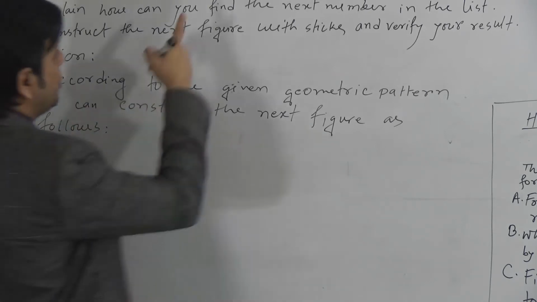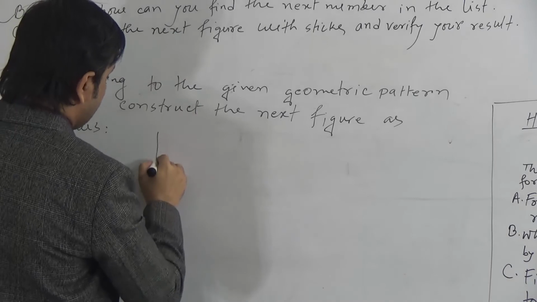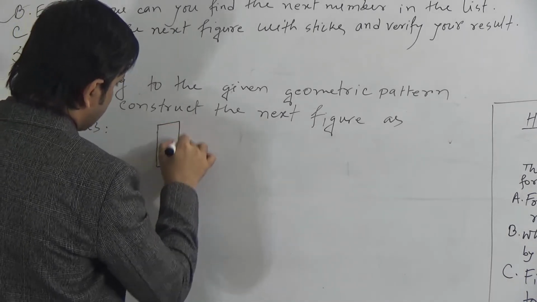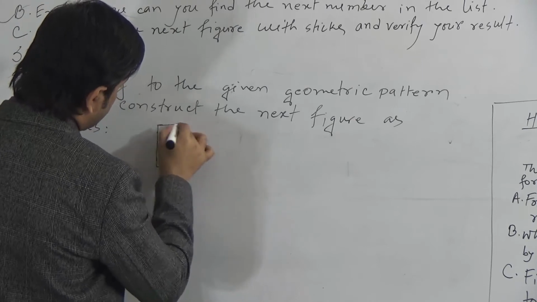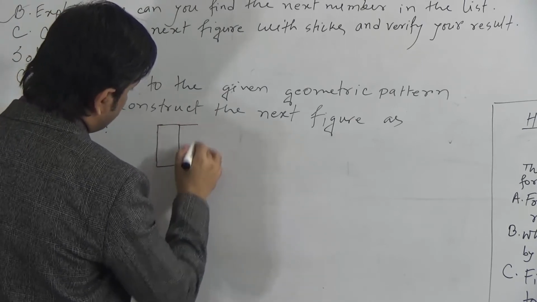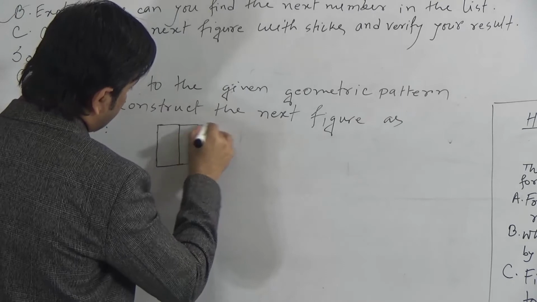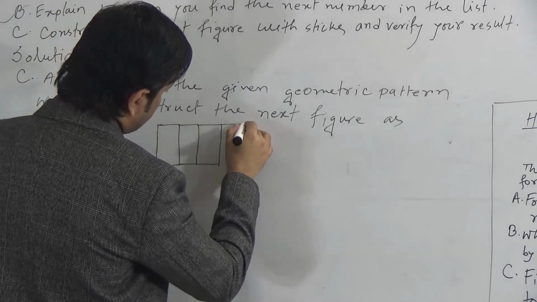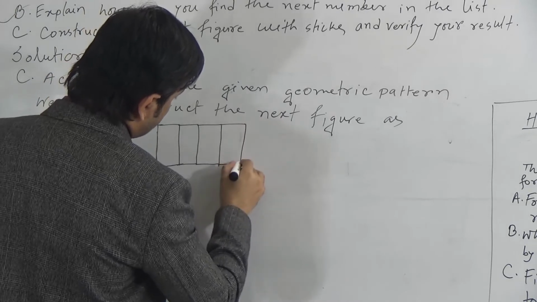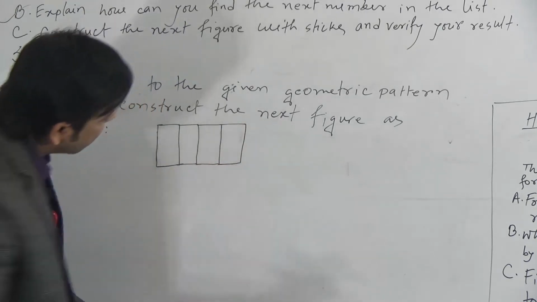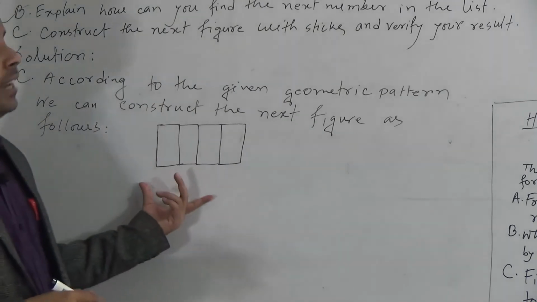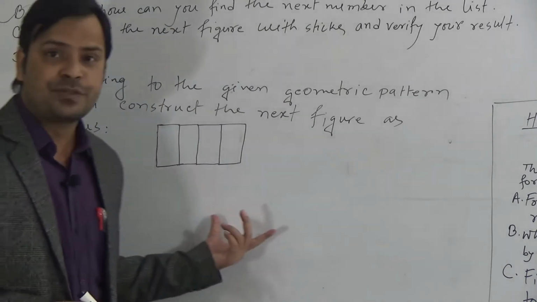Now we can construct the figure. So here will be 4 rectangles here. There will be 4 rectangles here. Okay. So this is the next figure.